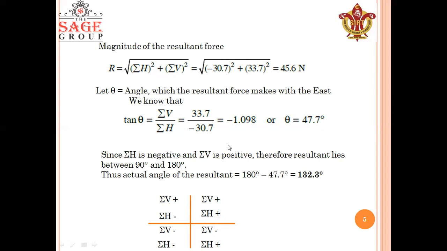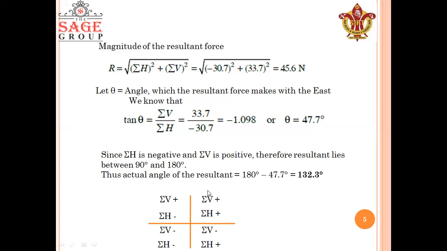But here you can see that the summation of V is positive and the summation of H is negative. So we have to calculate the actual angle of the resultant. Here you can see the four quadrants.